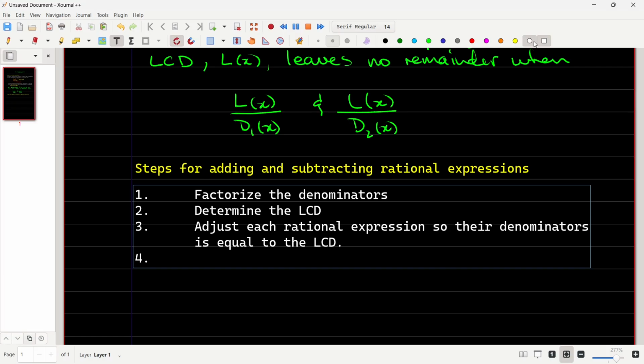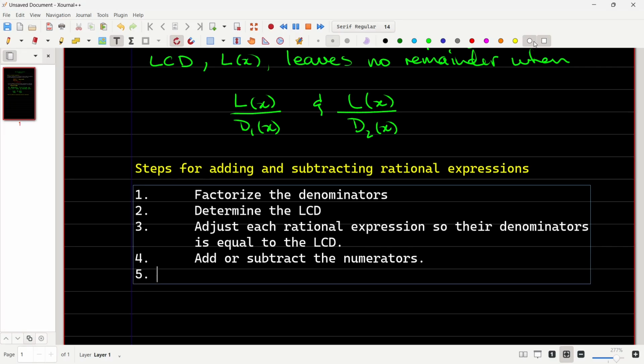And then the fourth one is to add or subtract the numerators. And then finally, 5, we want to simplify the results by factorizing.